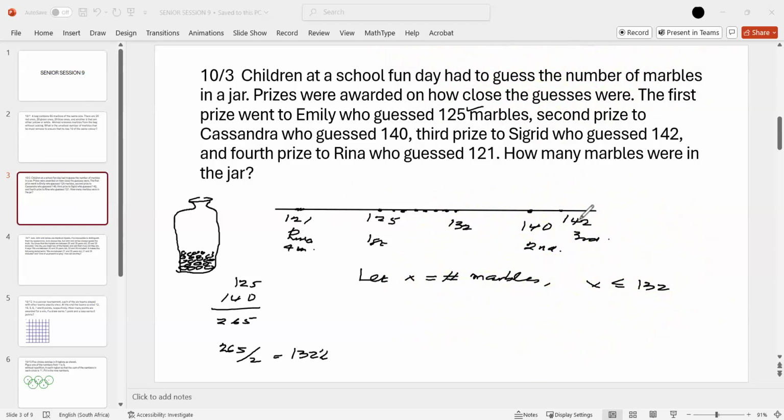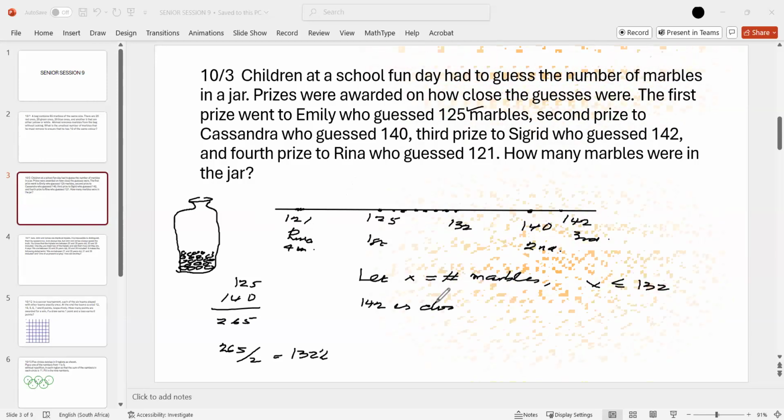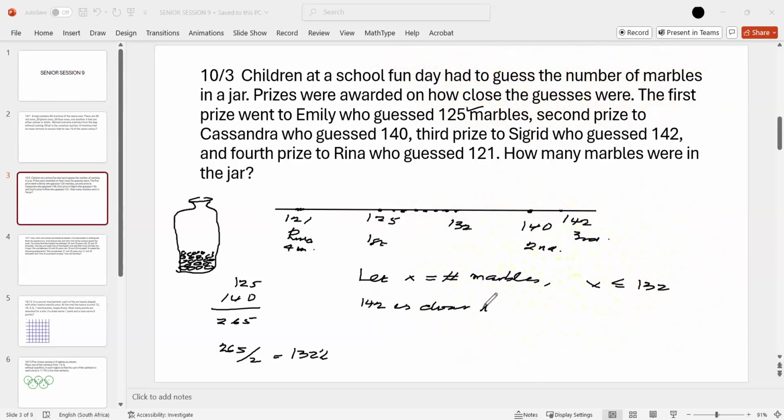So 142 is closer to the answer than 121. Closer to X. X is the correct one. Then 121. So like what we did before, what can you say about this?